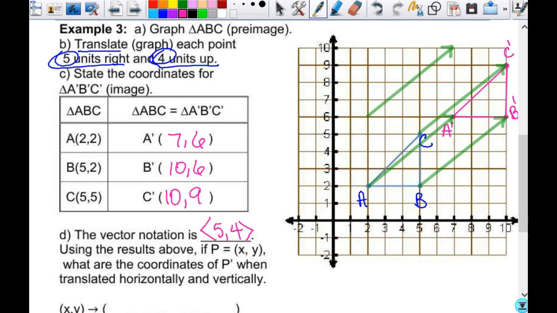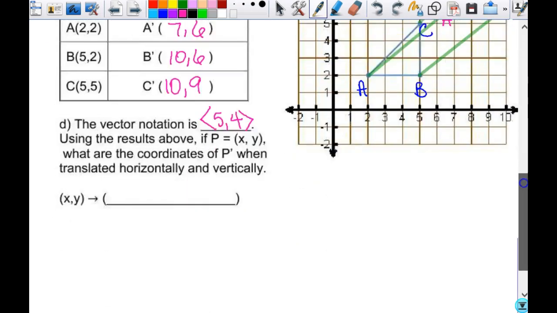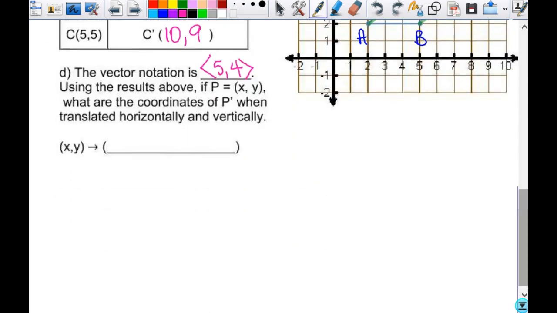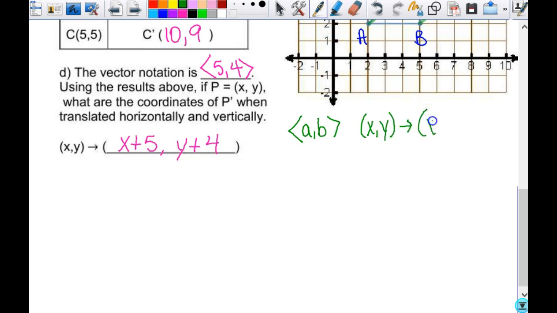Okay, we all good? All right, so then our mapping notation, which again is not brand new, (x, y) specifically maps to (x + 5, y + 4). Then generically, any translation vector would be <a, b>, and then the mapping (x, y) would map to (x + a, y + b), understanding that a and b could be negative, so that could change to minus.